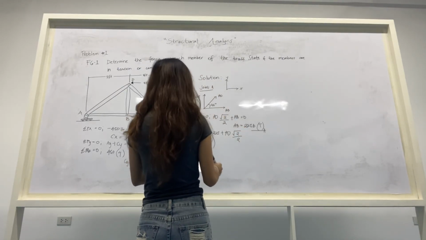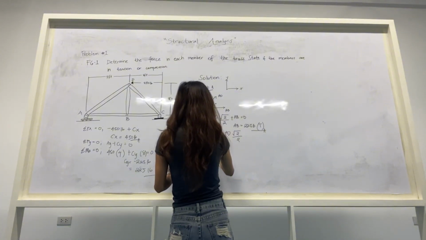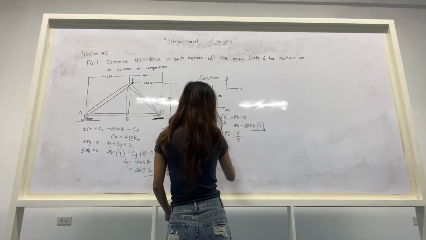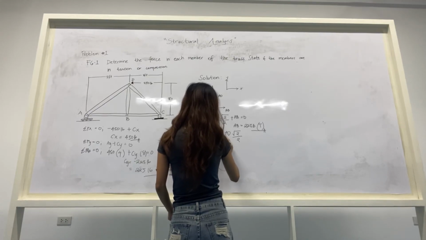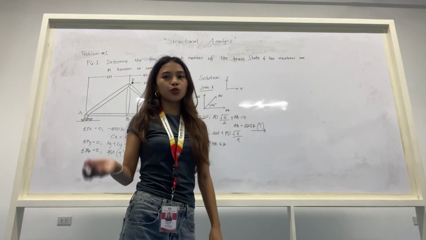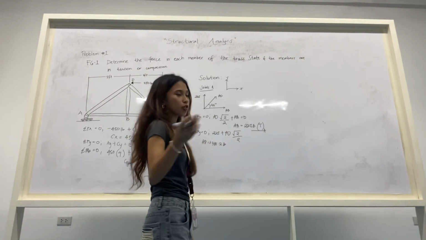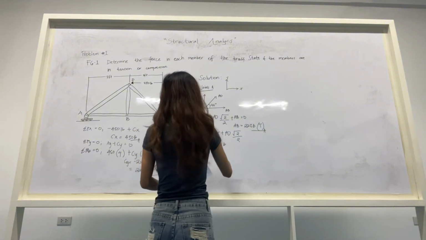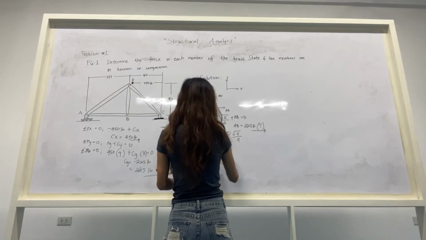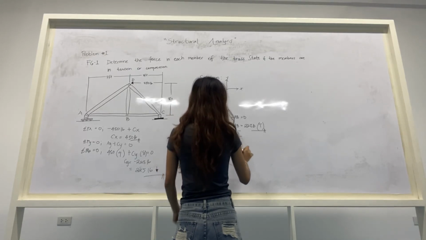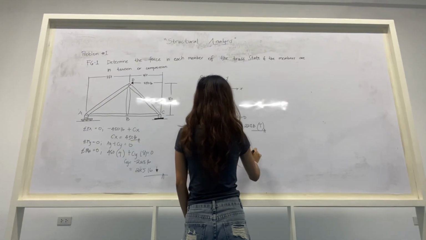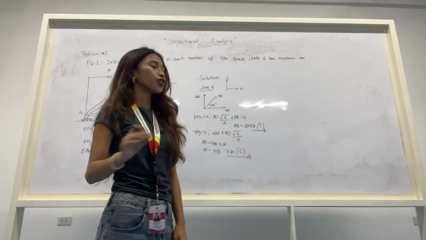So we have AB equal to negative 318.2 lb. Since we can't have a negative answer, we transpose it to positive. So AB is equal to 318.2 lb, and that is compression. So that's the answer for our joint A.